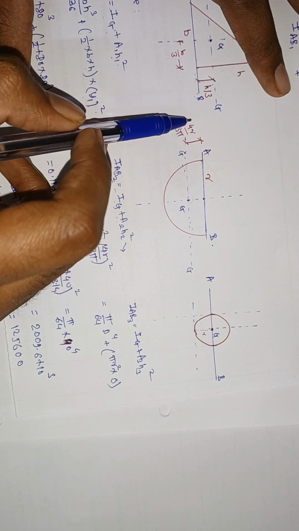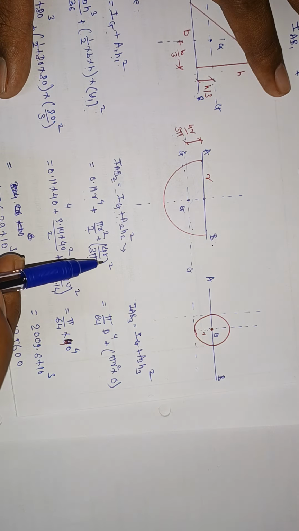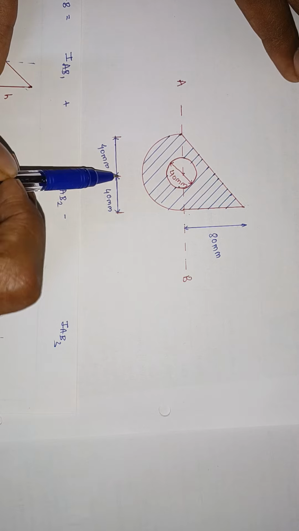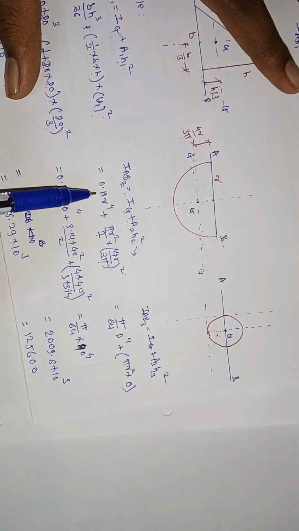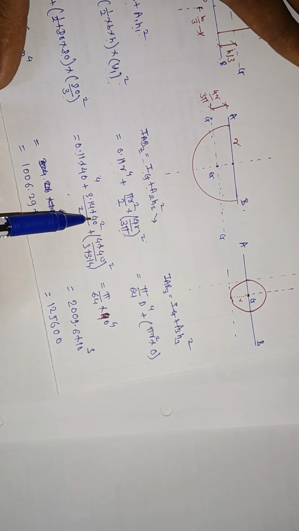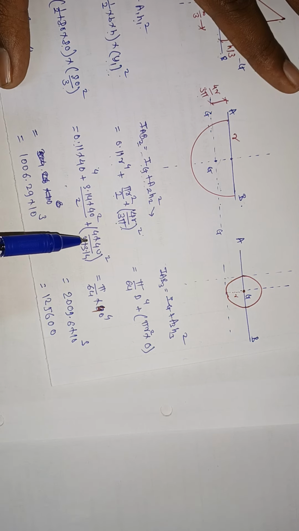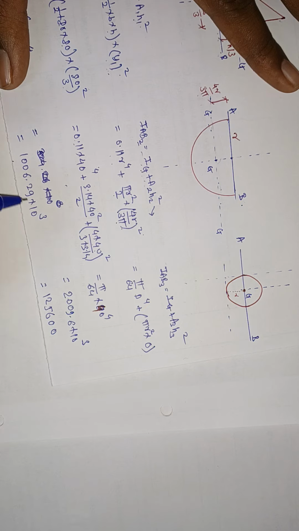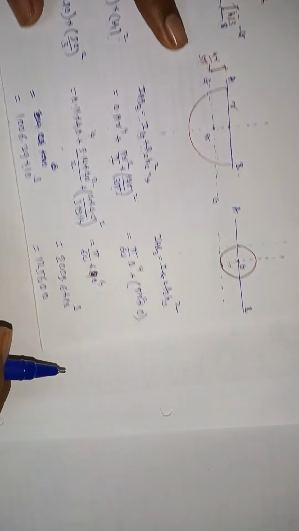This is nothing but the CG distance. So 4r upon 3 pi, bracket square. Now just put in the values. 40 is the radius, so we put 0.11 into 40 raised to 4, plus 3.14 by 2, into 40 square. Similarly, we put in all the values and we get the moment of inertia equal to this.